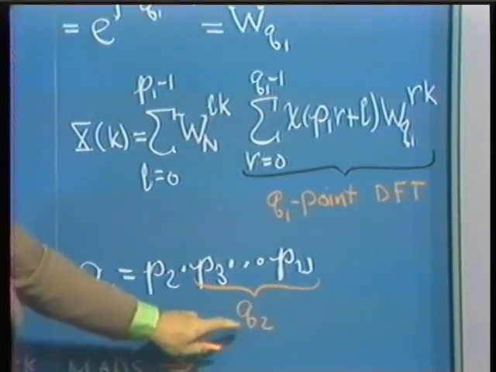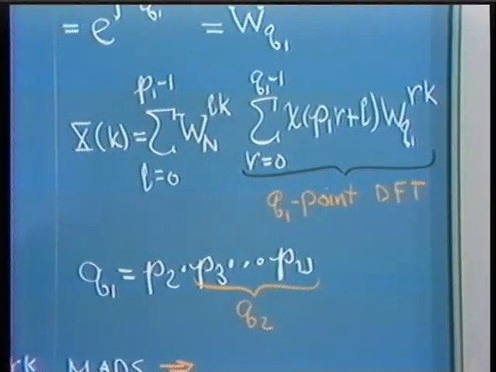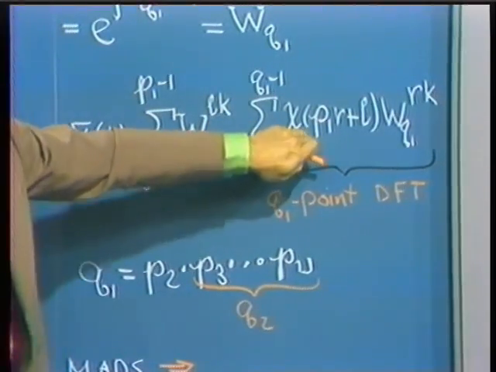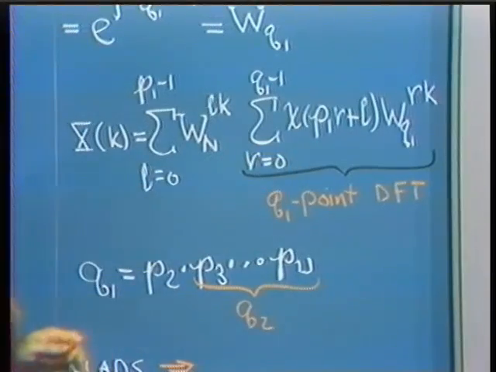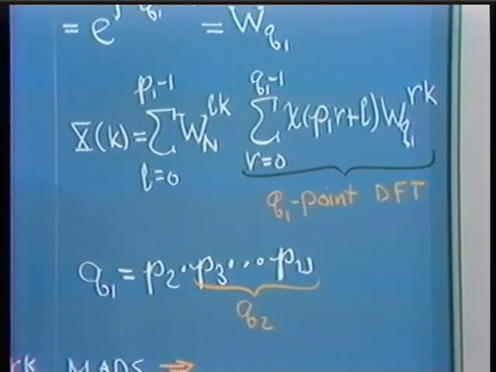This product we denote as Q2, and then we can proceed to decompose these Q1 point transforms into P2 Q2 point transforms. Then we can decompose the Q2 point transforms, etc.